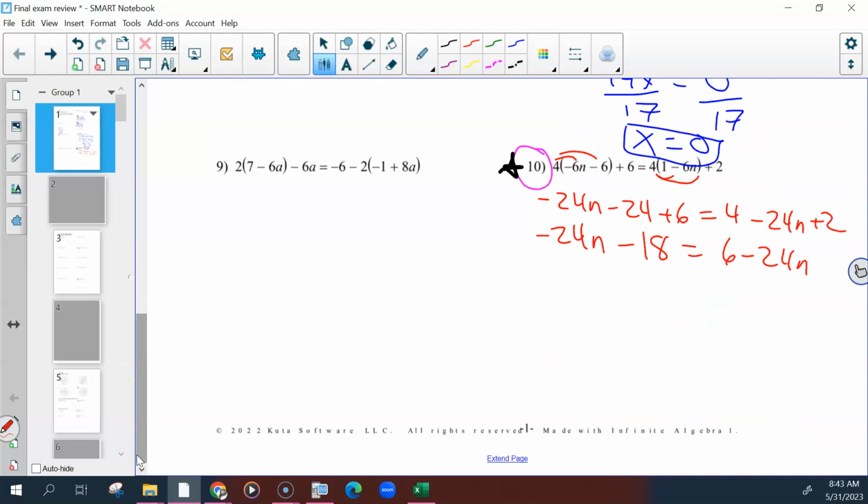Okay, and then what do we want to move first? Add 24. Which means we would be, let's say I moved it from here to here, moving the 6.